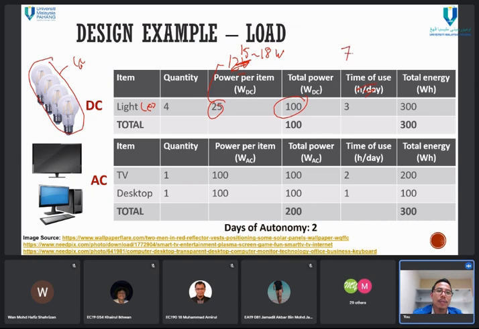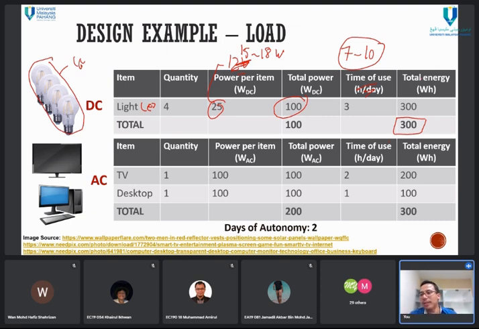For example, you use it from 7 to 10, and after that you go to sleep. So we use 3 hours only per day for each bulb. Then multiply with the 100 watt total DC power, we get 300 watt hours DC for the case of DC. Only the bulb, you need 300 watt hours already.